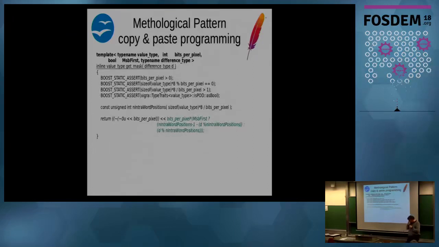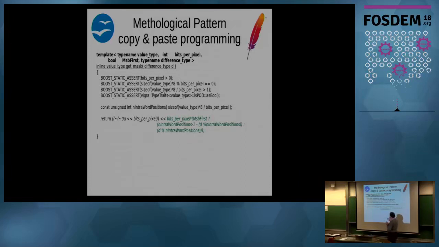So let's look at one methodological pattern. My anti-pattern of choice is copy and paste. Who hasn't done it? We have here some actual code out of trunk from OpenOffice. The code is not so important for me, but let's go through it a little bit. We have a template of some sort.